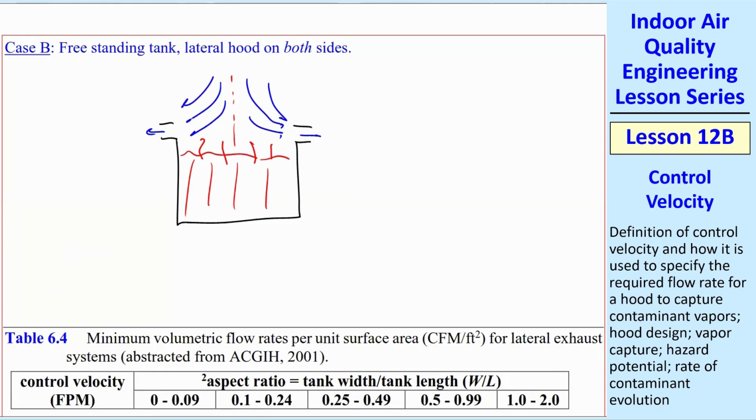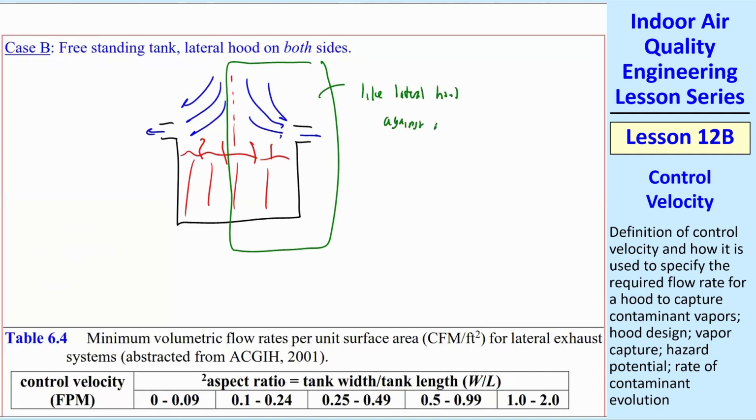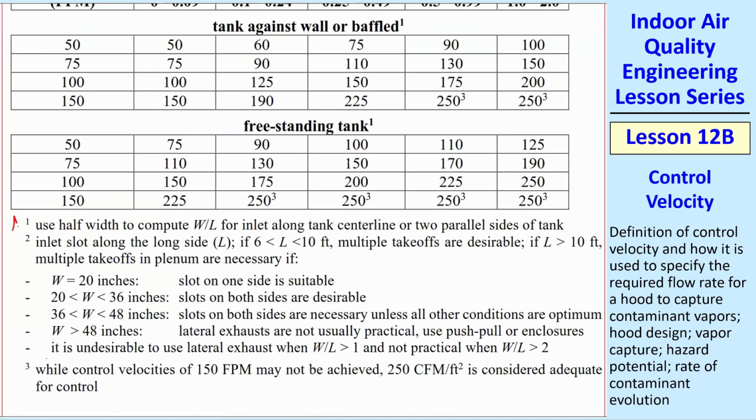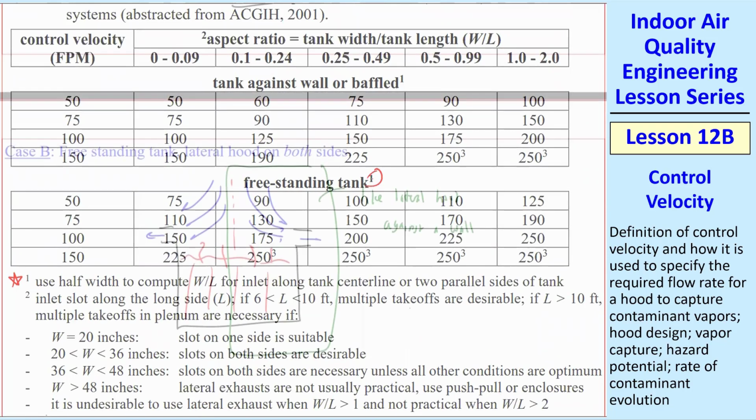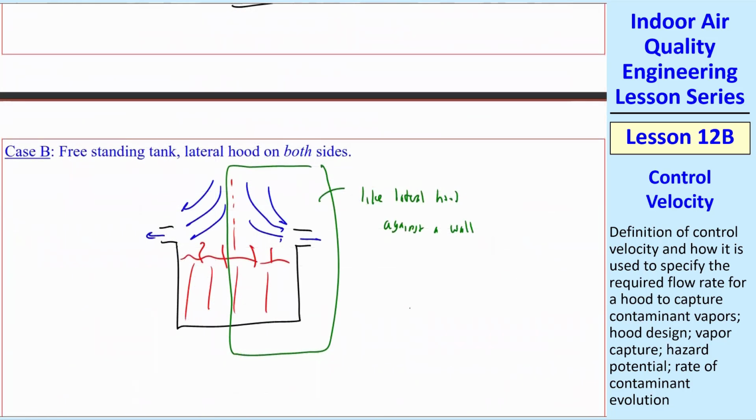And so if you think about it, kind of ignore the left part, this is like a lateral hood against a wall. And so if we look at footnote number 1, it says use half of the width to compute W over L when it's on both sides of the tank for a freestanding tank. This is this footnote 1. So we have a freestanding tank like that, and that footnote 1 applies then.